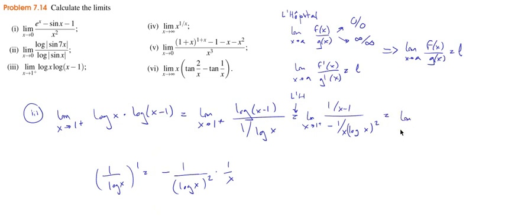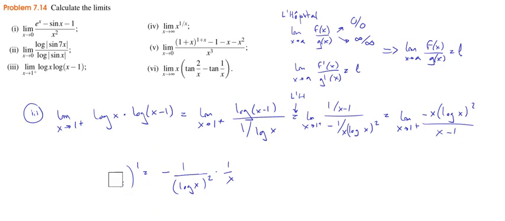This is the limit when x goes to 1 on the right of x times the logarithm of x, squared. Okay, remember this is not the logarithm of x squared, it's the logarithm of x, squared. This is x minus 1. And then, well, we can get rid of the 1, right?